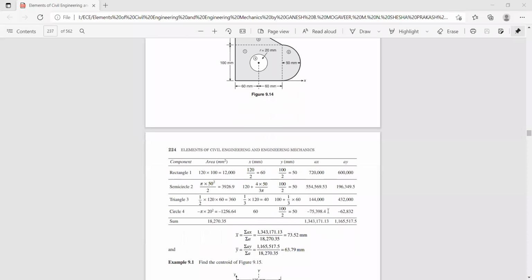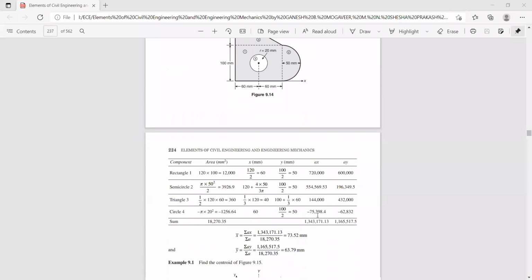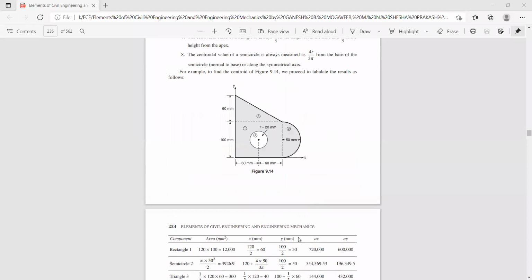On simplification, you can use this method also, or else whatever method I have taught you, x bar works out to be 73.52 millimeters and y bar works out to be 63.79. So x bar is about 73.52.